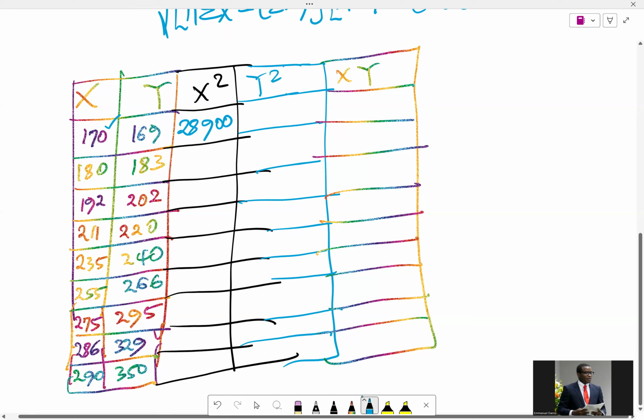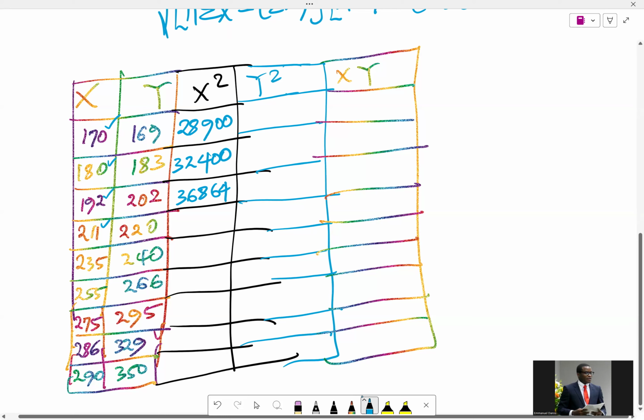Then you have 180 raised to power 2. That is 32400. Then you need 192 raised to power 2. That is 36864.